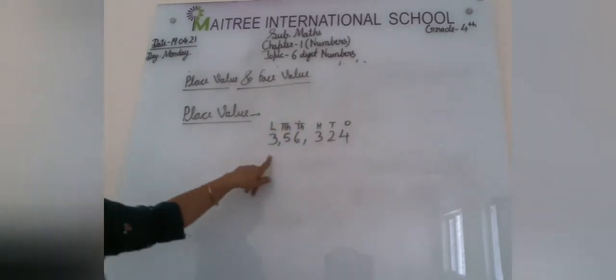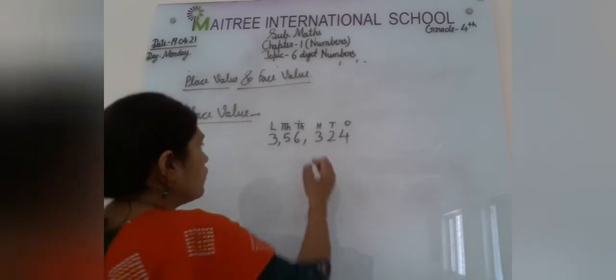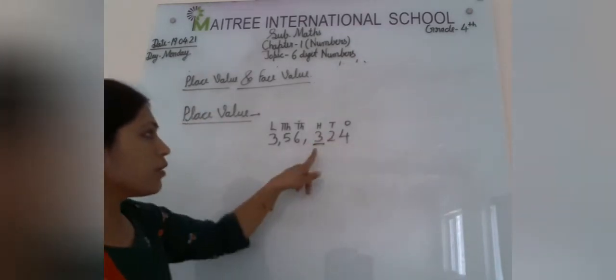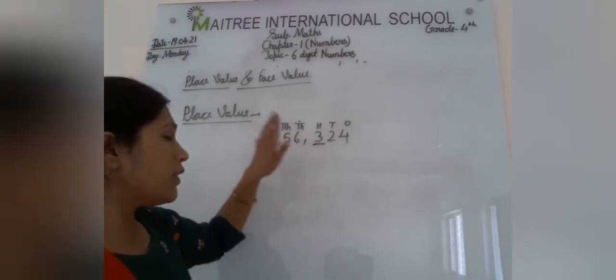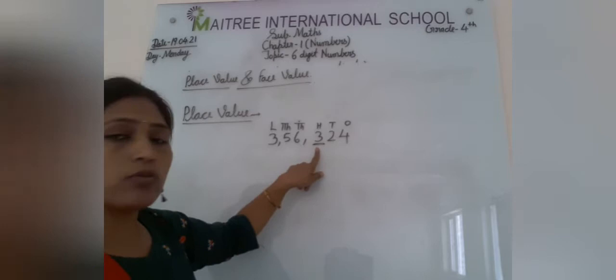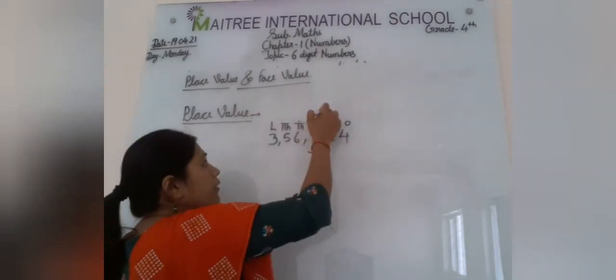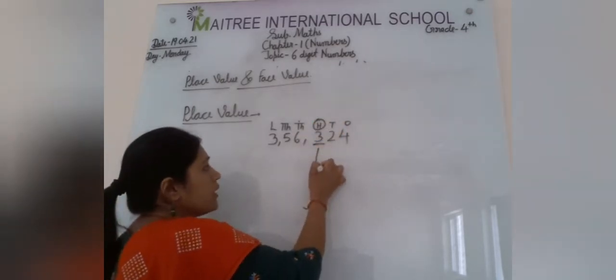Clear? So now we are talking about the place value. What is the place value of 3 here? First we have to see in which house is the 3, in which place is the 3. So 3 is in the 100 house. Where is the 3? In the 100 house. So it means 300.